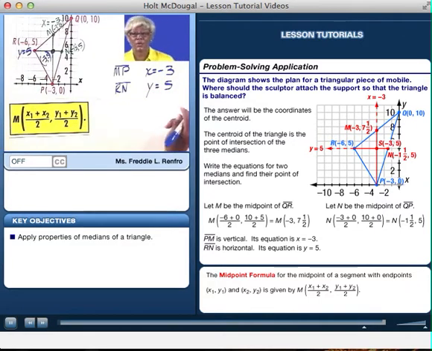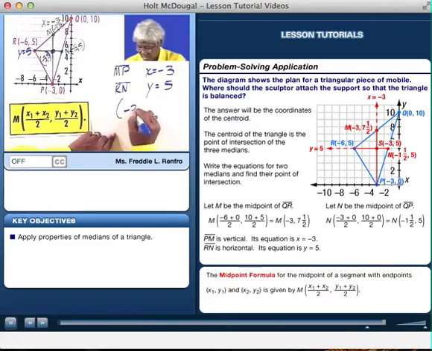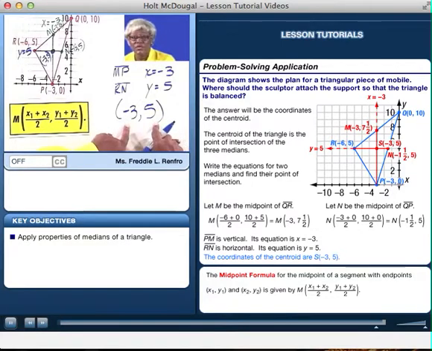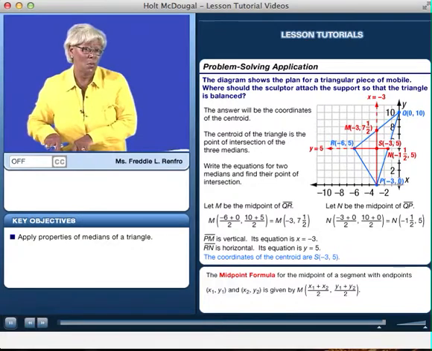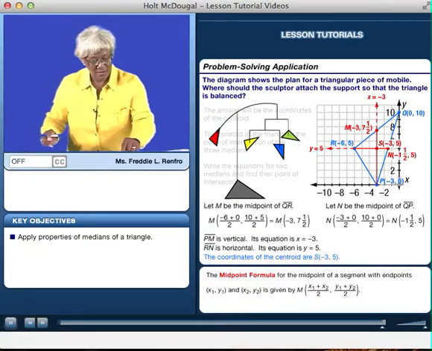And I can see where those two medians intersect, which is what? Negative 3, 5. And that does check. Using a system of equations, the intersection of these two lines is negative 3, 5. So this is where the sculptor needs to attach the support so that it will balance, which is called the center of gravity, right there.